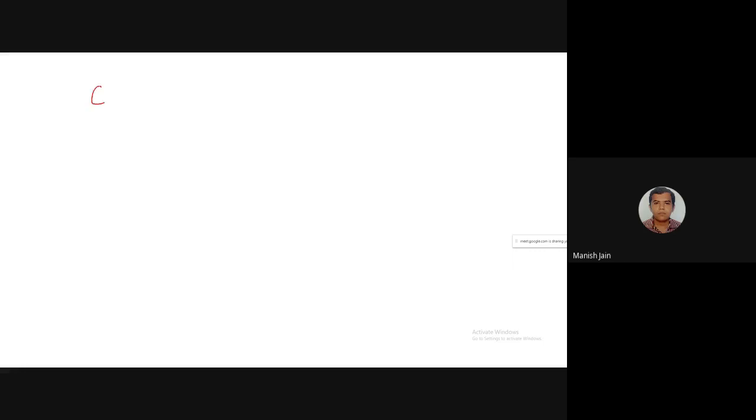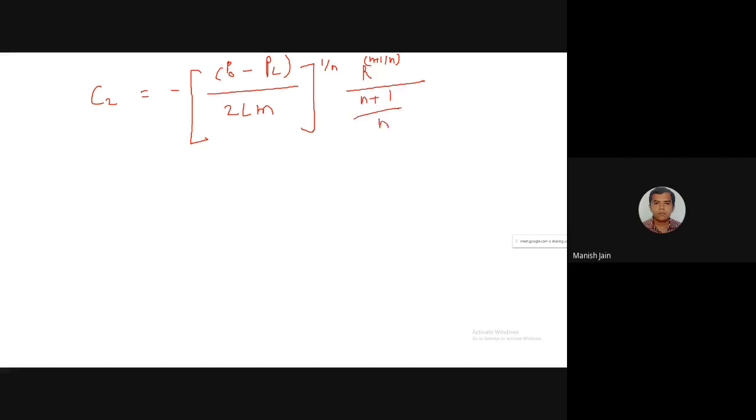When you substitute this, you will get the value of C2 equal to minus in bracket ((P naught minus PL) divided by 2Lm) to the power 1 by n multiplied by capital R to the power (n plus 1) divided by n, divided by (n plus 1) divided by n. When you substitute the value of C2 in the original expression, you will get the value of vz.